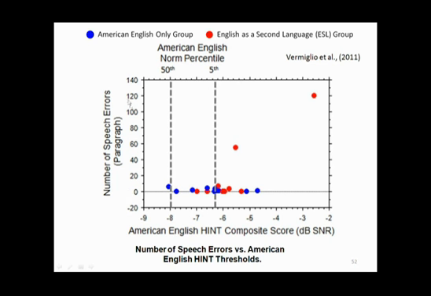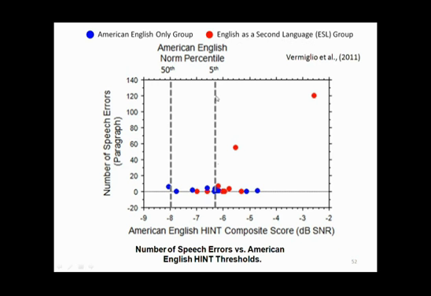So she took a speech sample, analyzed their speech errors, and then this is the American English HINT composite score. Very good score, very poor score. We looked at one group with American English only speakers, and a second group who had English as a second language. These were all native Spanish speakers.